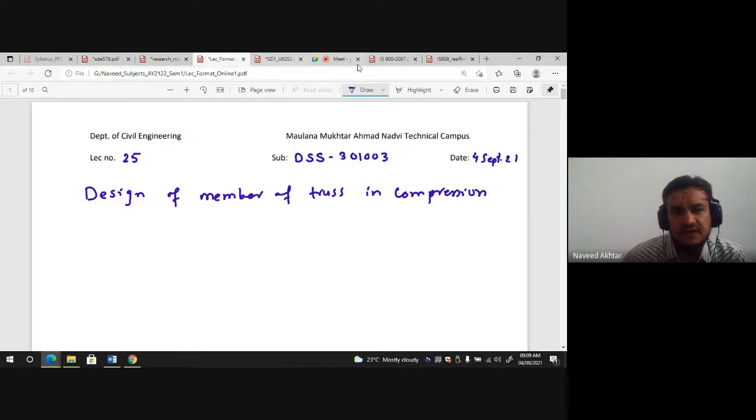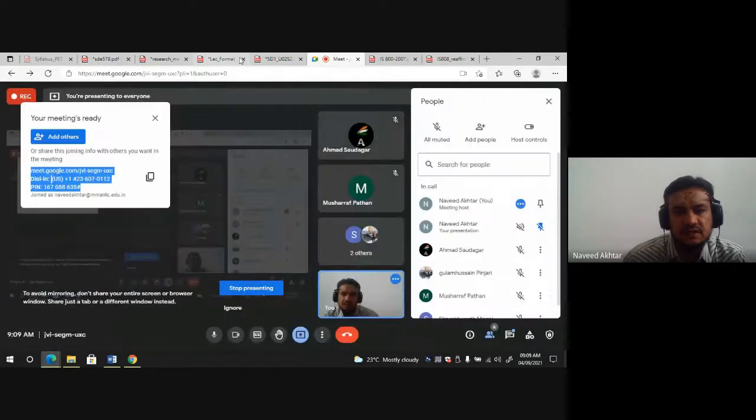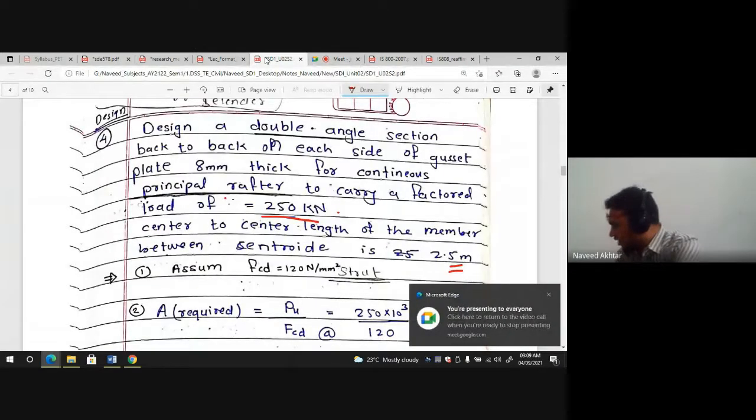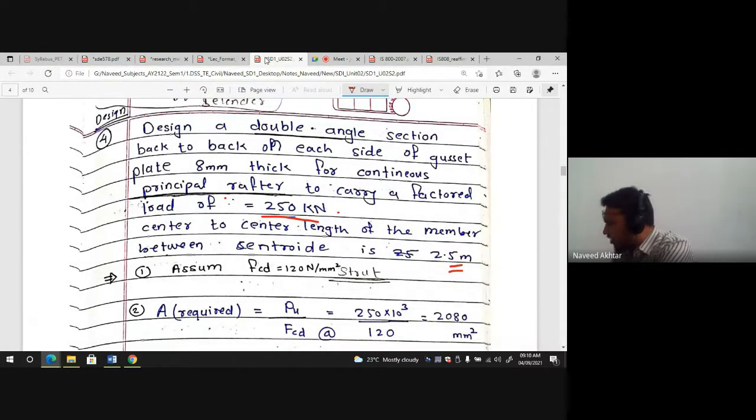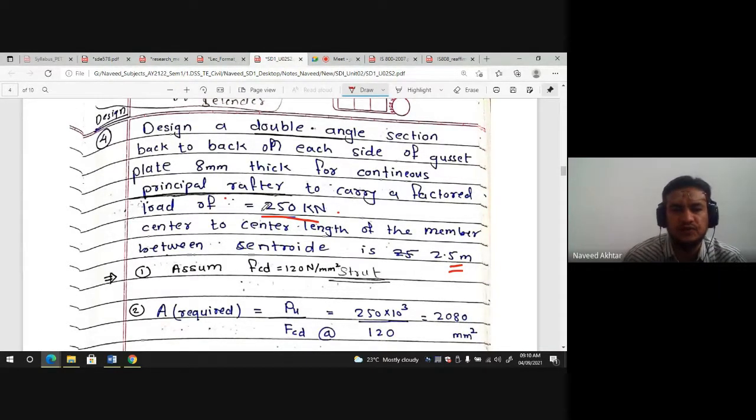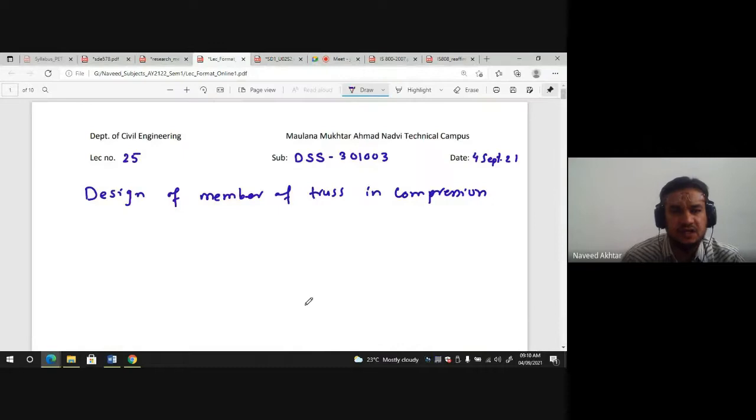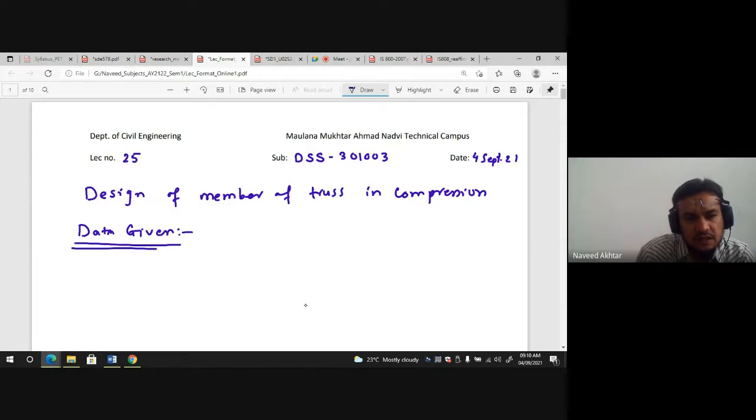So what is given in our example, we will write down first. The length of member is given 2.5 meter and the factored axial load of 250 kN. Also the gusset plate thickness is given 8 mm. We will write down the data given for design. The unsupported length is given 2.5 meter.